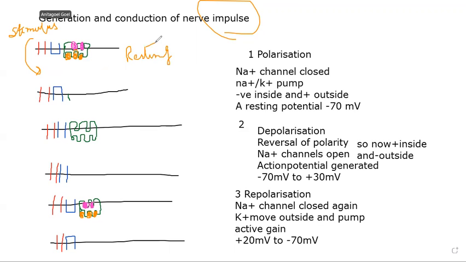During this stage, inside the axoplasm, there are more potassium ions, and there are more proteins inside the axoplasm. These proteins are providing a negative charge inside this axoplasm.